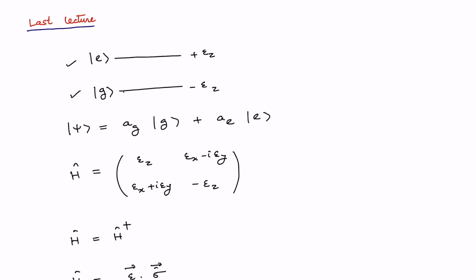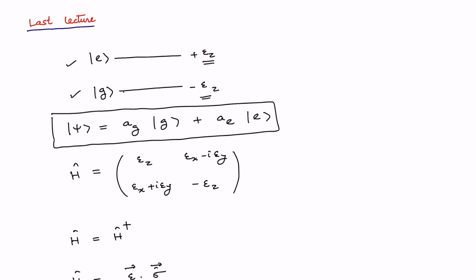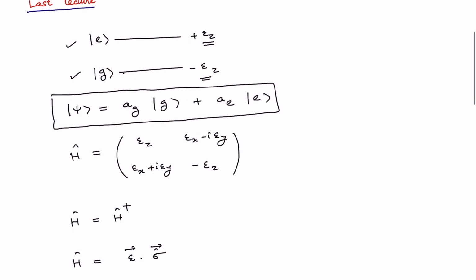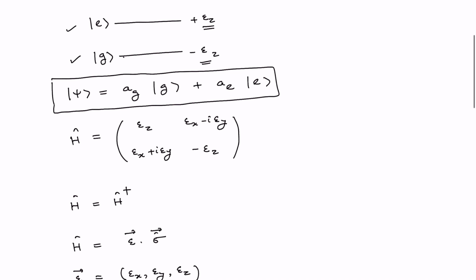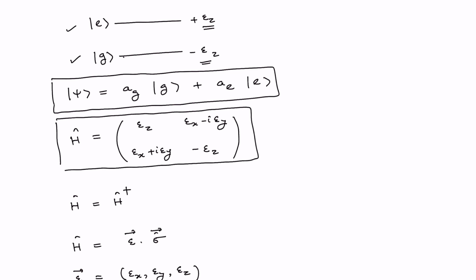We have chosen the reference level such that the excited state has energy plus epsilon z, the ground state has energy minus epsilon z, and the arbitrary state of the two-level atom is written as a superposition of the ground state and the excited state, ket z and ket e, where Az and Ae are the complex amplitudes of the ground state and the excited state respectively, and the Hamiltonian we have written in this particular form.